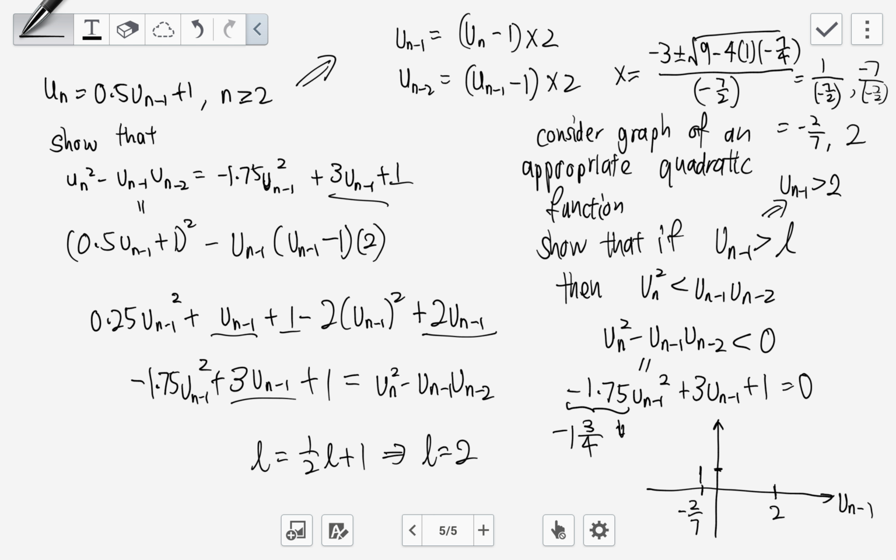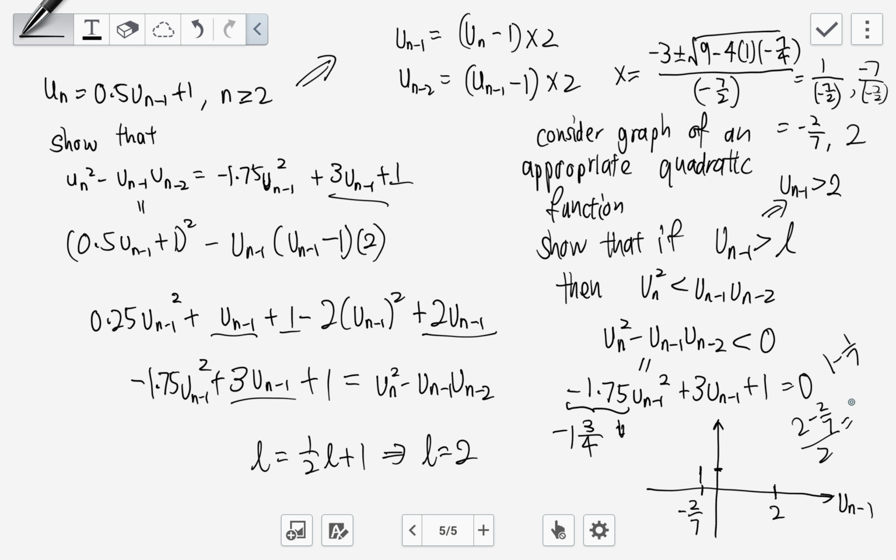And where is the maximum point? Actually we can easily find it from this. We just add this to this and divide by 2. So minus 2 over 7 plus 2, divided by 2, will give the x coordinate of the midpoint. 14 minus 2 is 12. Okay, just solve this term. So I get 1 minus 1 over 7.